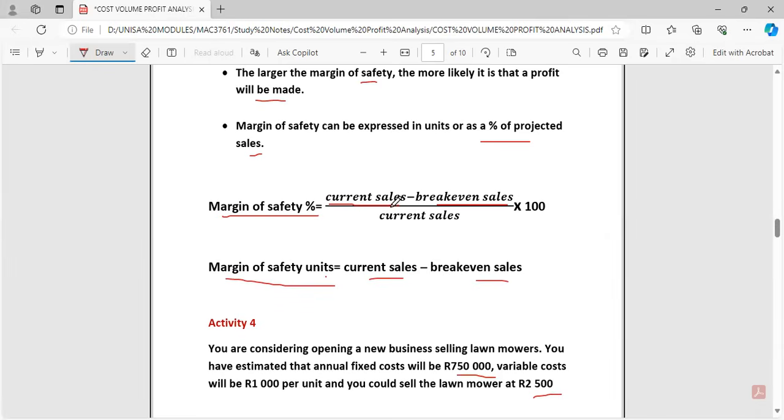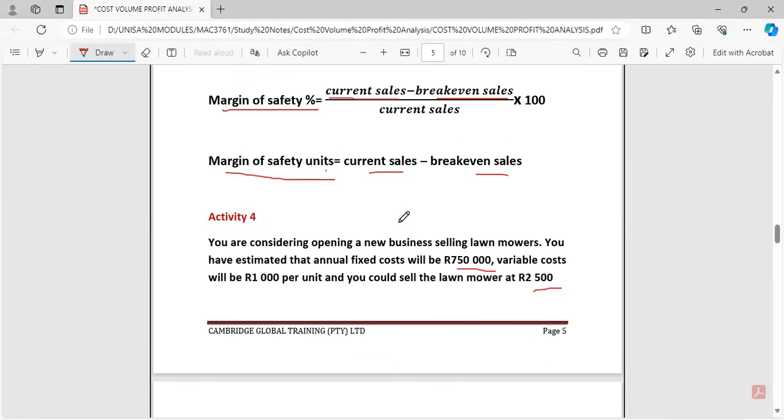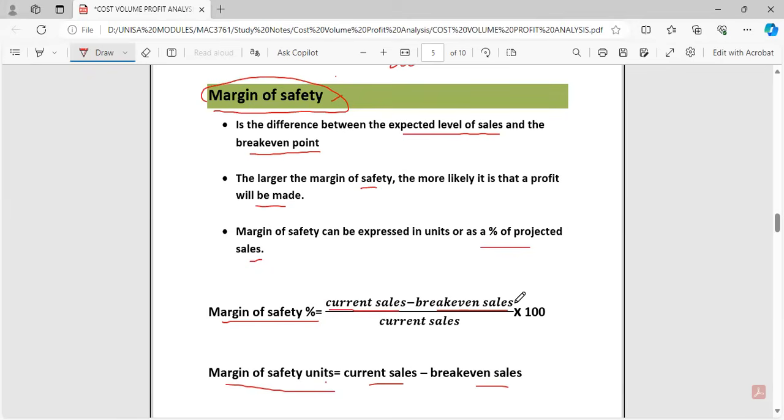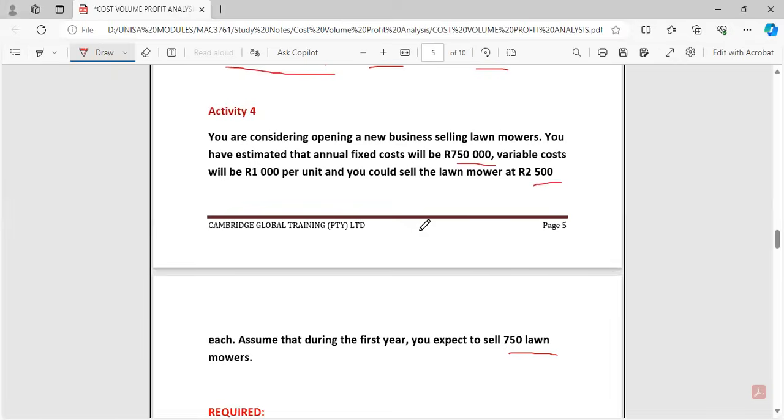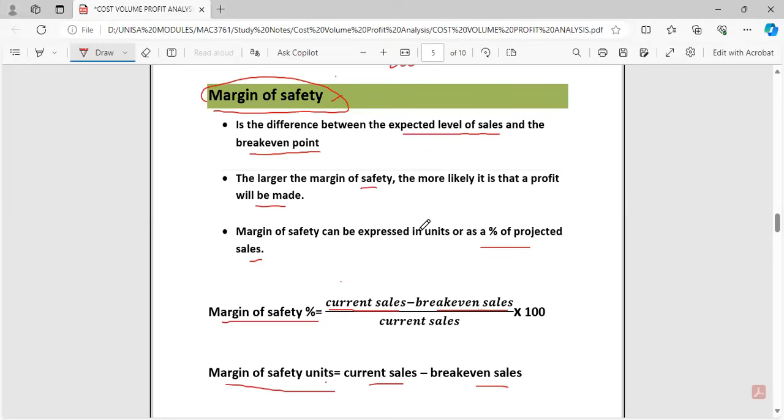The margin of safety percentage is going to be current sales minus break-even sales. How many break-even sales? We have calculated this. We got how much? 500. Right? So you are going to say your current sales, which is 750.